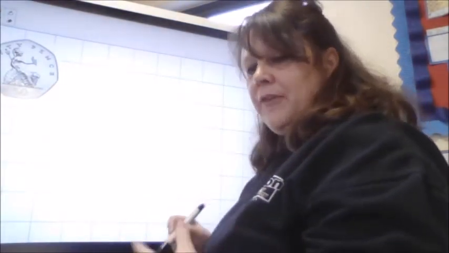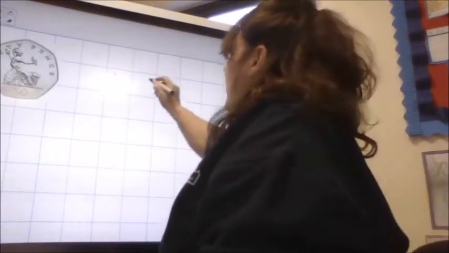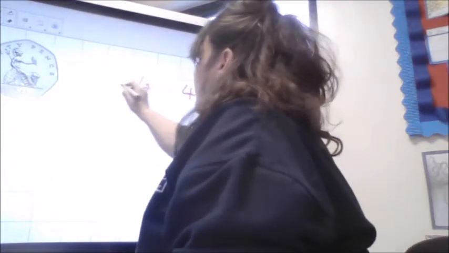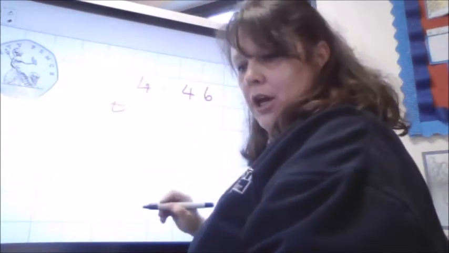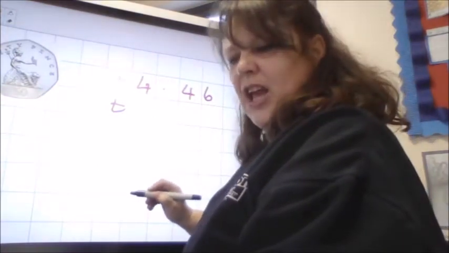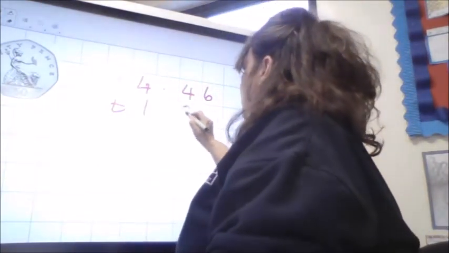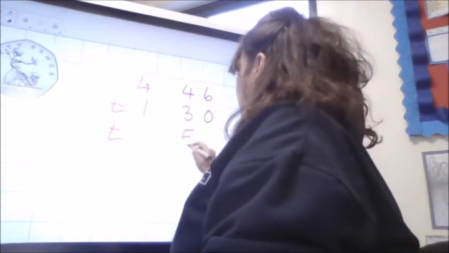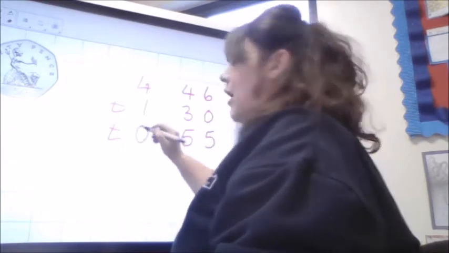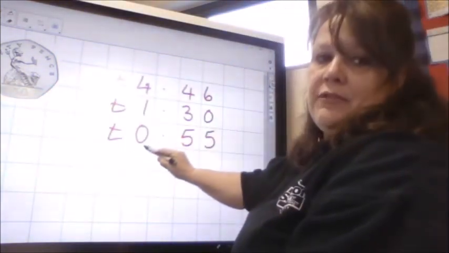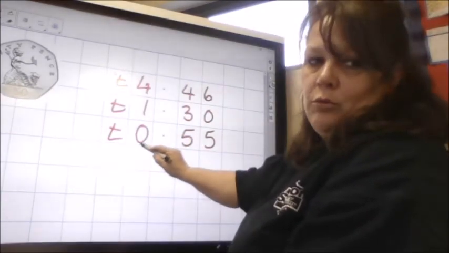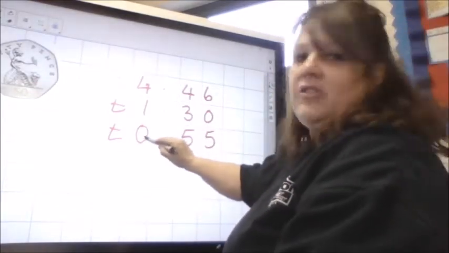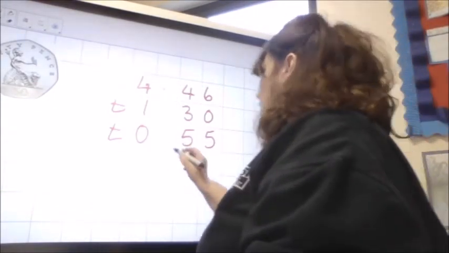So if I've got a jigsaw that is £4.46, I've got let's say a book that's £1.30. I've got a rubber that's 55p. Remember how we wrote those yesterday? We said 55p. We haven't got any pounds, but to keep our columns in nice order, we put the 0 there to say we've got no pounds, but we've got 55p.